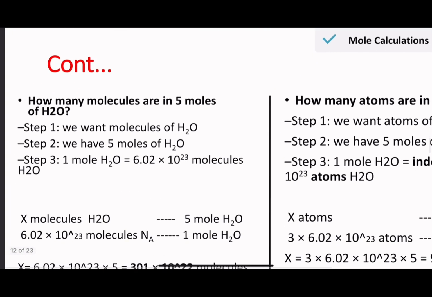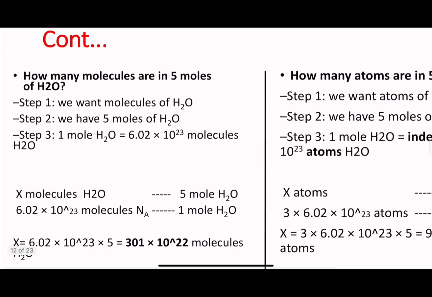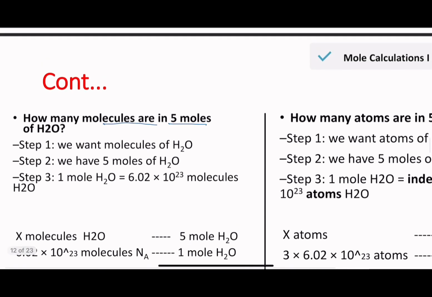So now it is asking us in this question how many molecules are in 5 moles of water. So you can use the formula again. n equals N divided by Na.